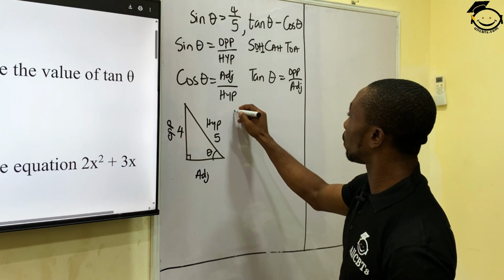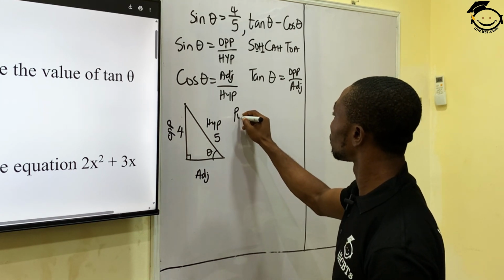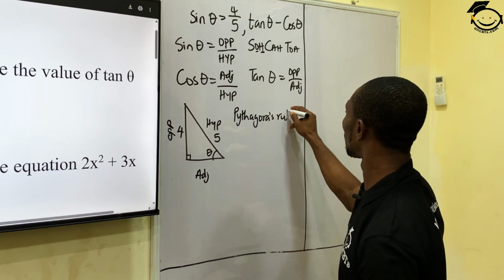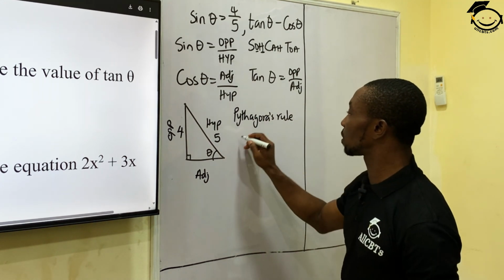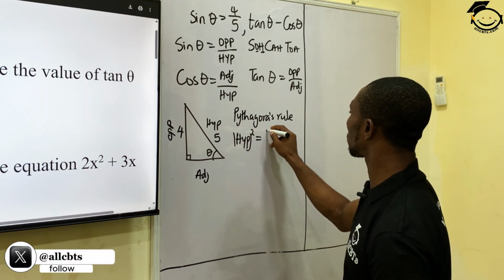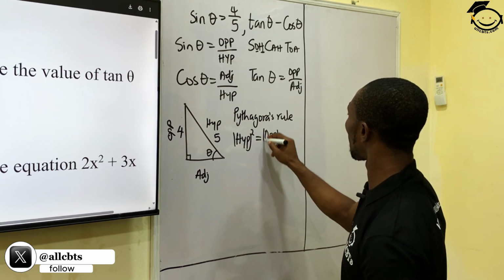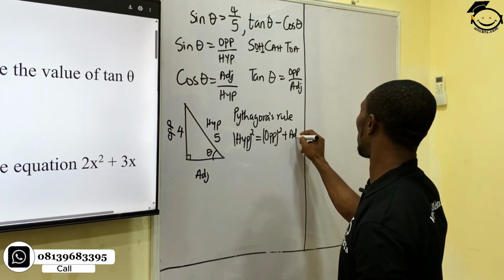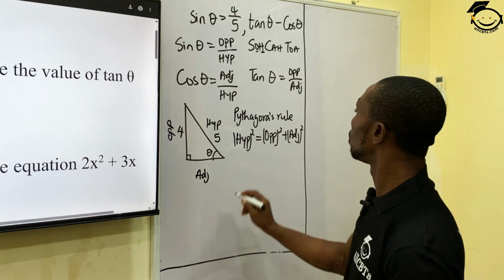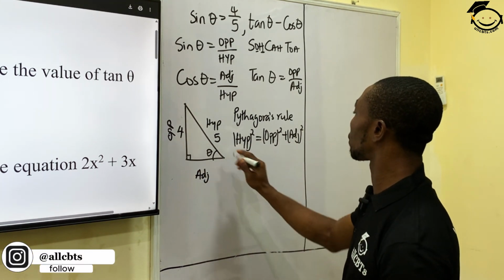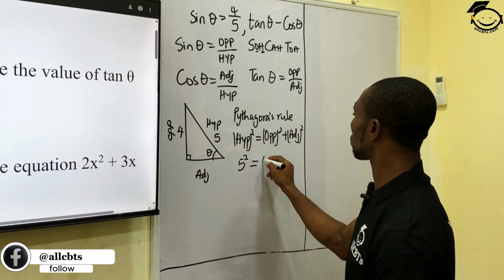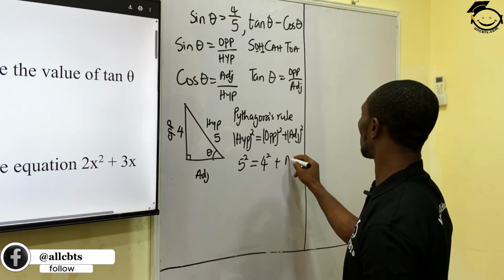Now, applying our Pythagoras rule, which states that hypotenuse squared equals opposite squared plus adjacent squared, we can find out what our adjacent would be. Since our hypotenuse is 5, 5 squared equals opposite, which is 4 squared, plus adjacent squared.